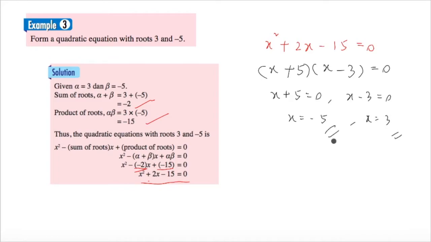So negative 5 and 3 are the roots. So this is the inverse. Last time you learned from the general form, you find the roots, find the solution. Now, form a quadratic equation from the roots. Then you form the general equation.